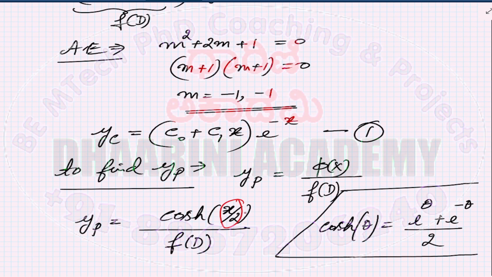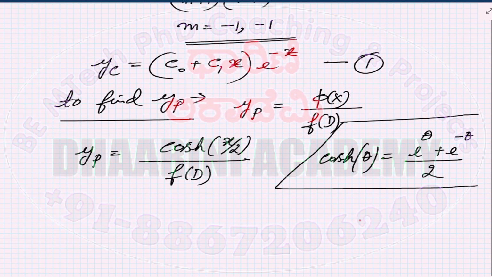In this problem, theta is x by 2. So cos h of theta is e to the theta plus e to the minus theta by 2. If you do that, you are going to get your answer. You can convert the hyperbolic cosine function into an exponential function using this. We know that exponential functions are covered under type 1 of the problem. That's why cos h is included here.